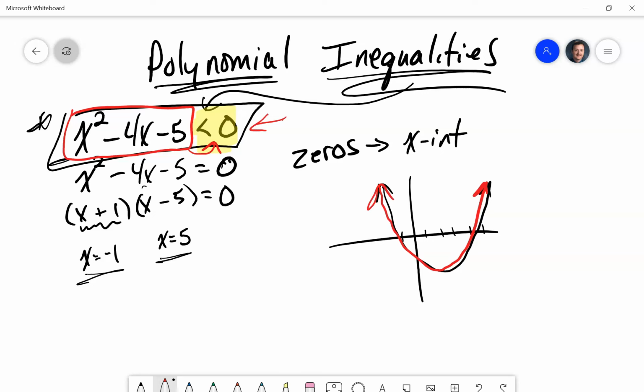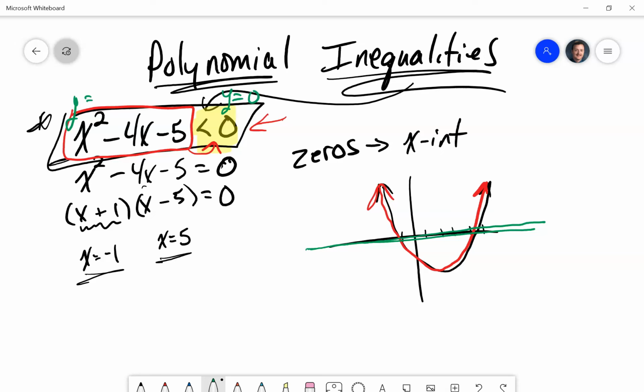Well, on the graph, less than 0 means where is it below the x-axis? Because this is kind of like one equation over here on the left, and this is like one equation over here on the right, and I'm looking at how these two compare to each other.